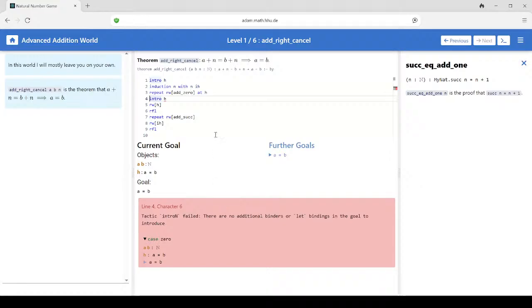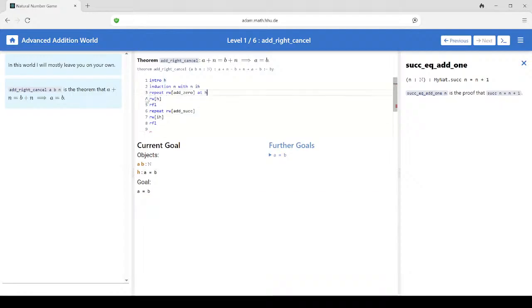And we rewrite with H. Oh, we can get rid of this one now, because we introed H at the beginning. Now we have A equals B. We use that to turn it into B equals B. We reflect it. Now we have trouble. We have to prove that A equals B.